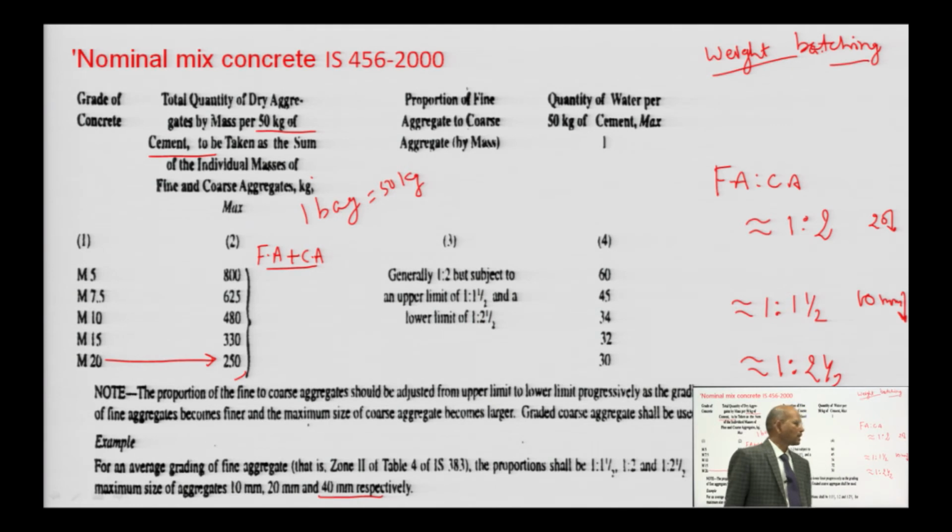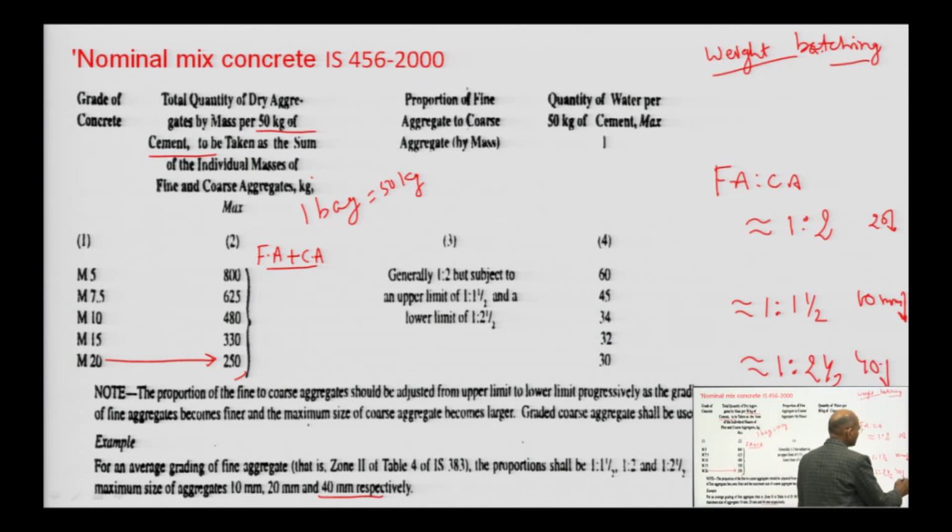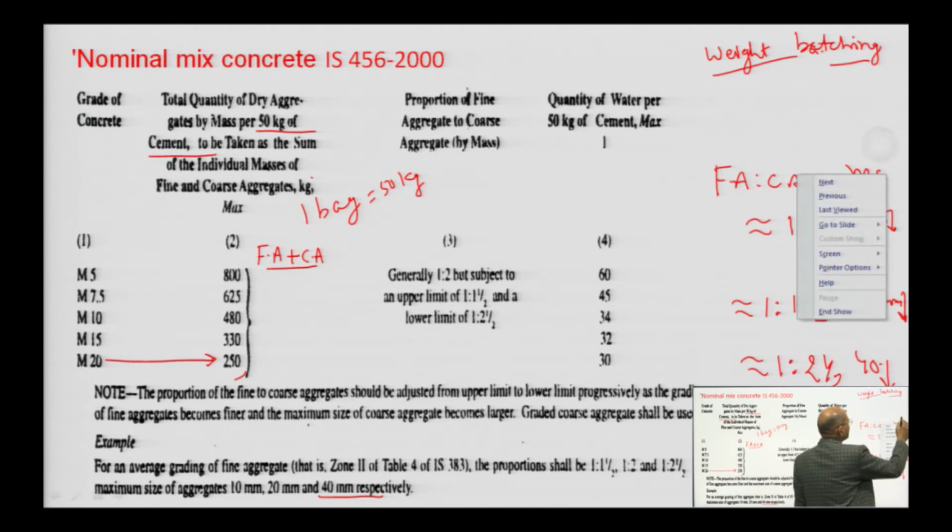Based on that you do some trials. So, this 1:2 ratio may be 1.75, it may be 2.25 or 2.2, like that. We have to understand that properly. This is for 40 mm maximum size.